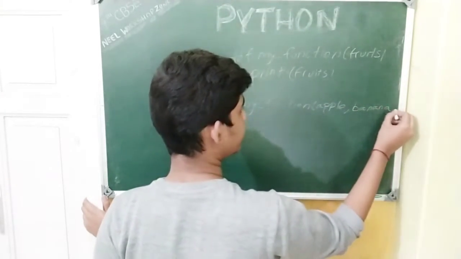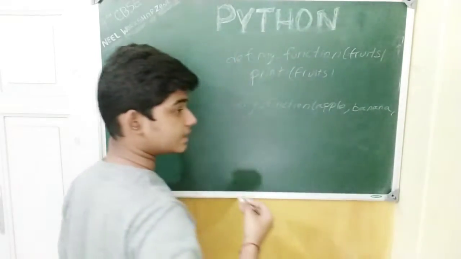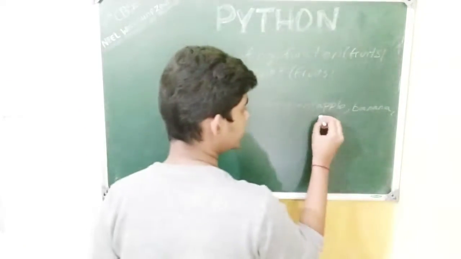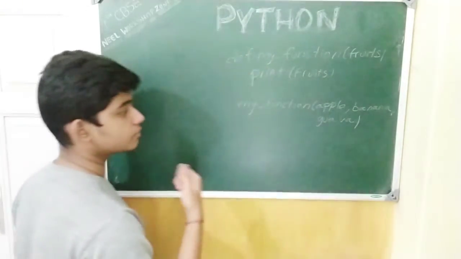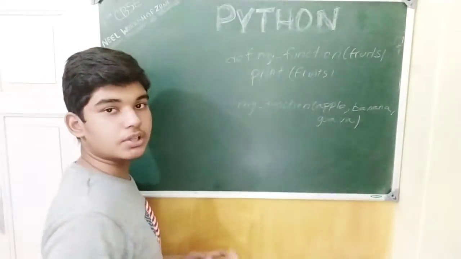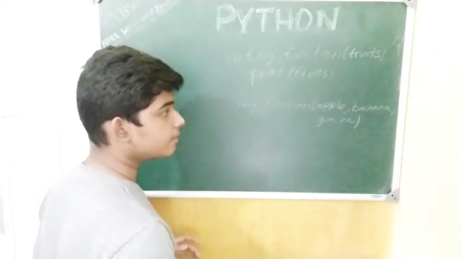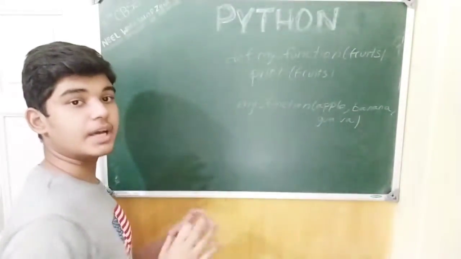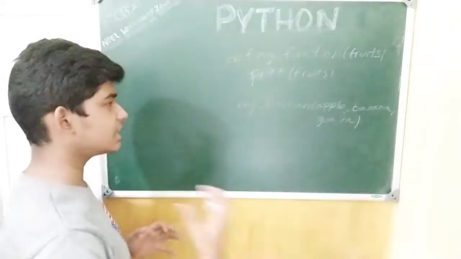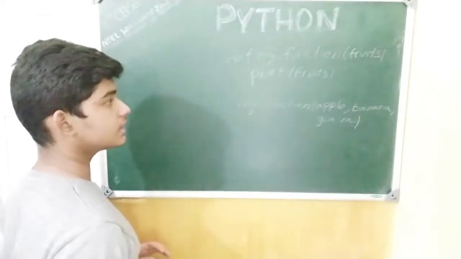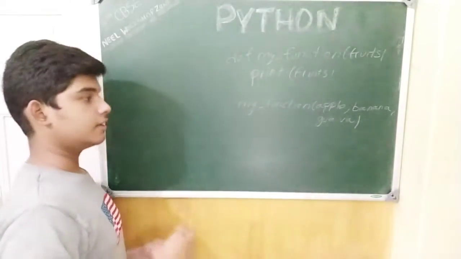Since it's a collection data type or an array, it will accept it. Like I said, functions can accept any type of data type. It can accept numbers, it can accept strings, etc. Lists, tuples and dictionaries can also be added in functions.